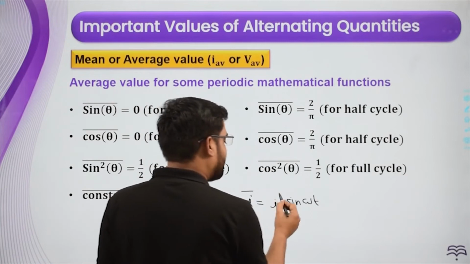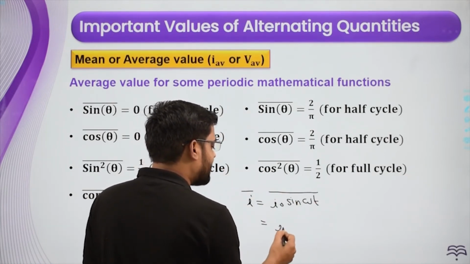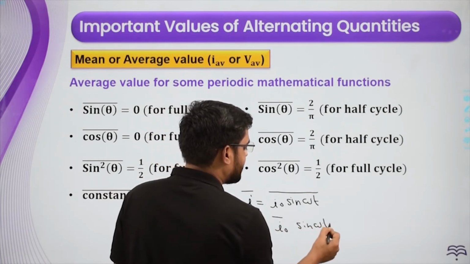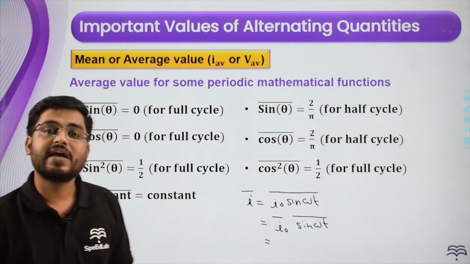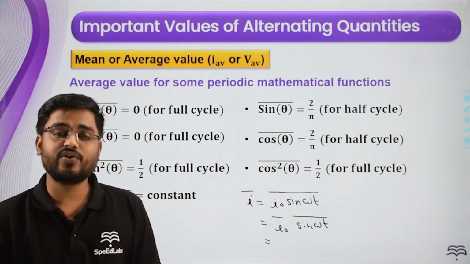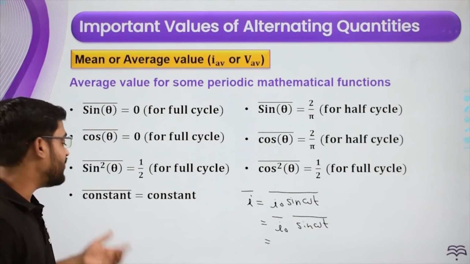So I'll say the average of current is nothing but the average of this quantity. Now the average of this quantity is the average of I naught and then the average of sine omega t. Now the average of I naught: what is I naught? I naught is the peak value of current, that is a constant.